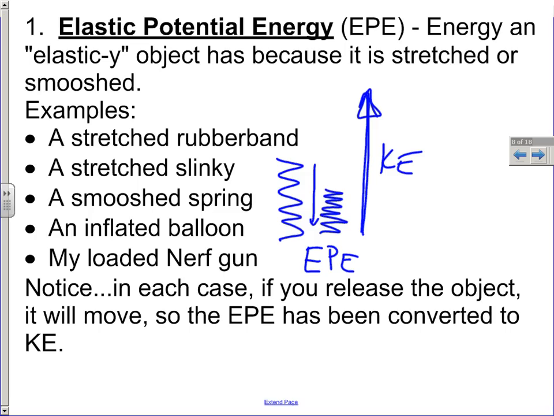We haven't used the Nerf gun yet, but it's spring operated, right? So when you pull the thing back, you're compressing a spring. When you pull the trigger, it releases the spring and moves the dart forwards. Regardless, in each case, if you release the object, it'll move, so the elastic potential energy is converted to kinetic energy. All right. So there we go. There is one type of potential energy.